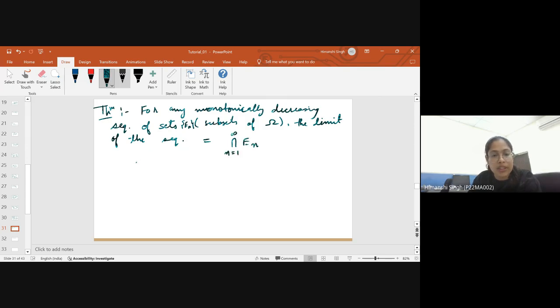So basically the limit of En is equal to the intersection of all the elements in the sequence.